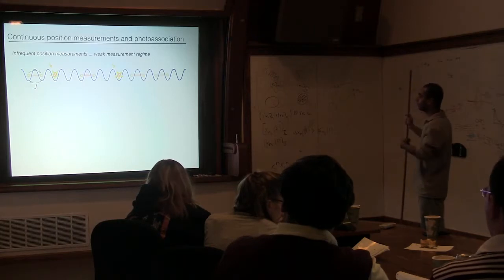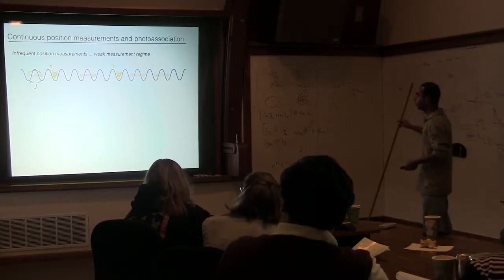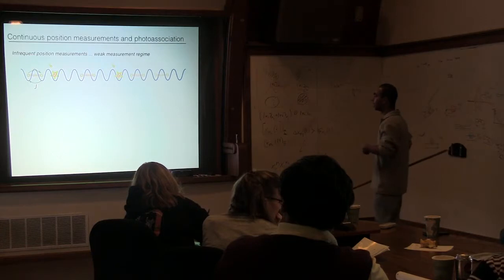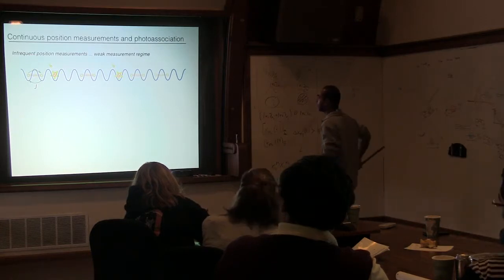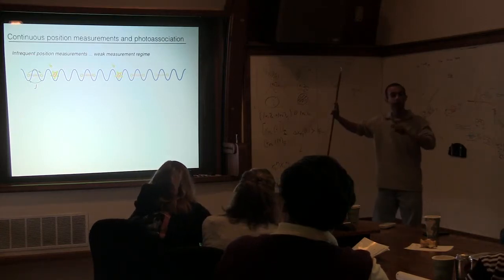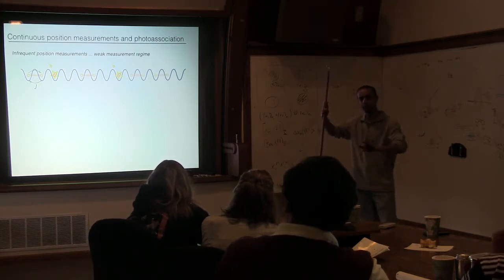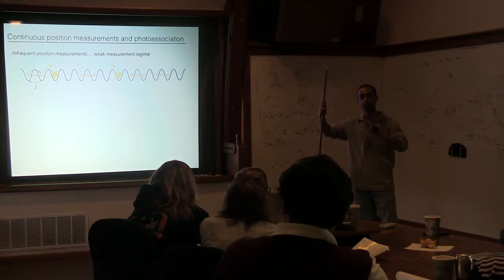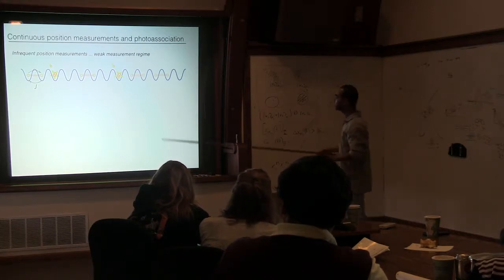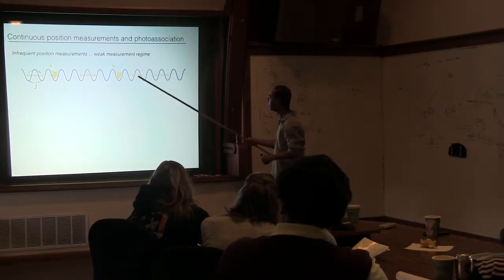Okay. So this is coming back to the same picture in a pictorial fashion. If I take very infrequent position measurements, which means I'm not shining a lot of light, atoms are mostly in the dark. They're not revealing their position to the environment. Then most of the time these atoms are just tunneling around coherently.